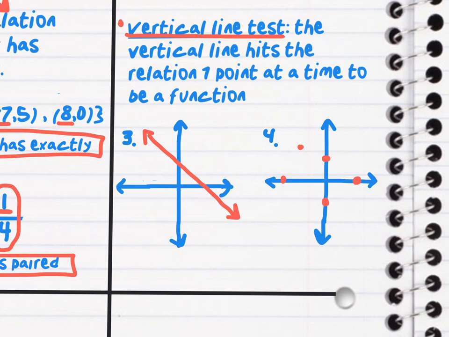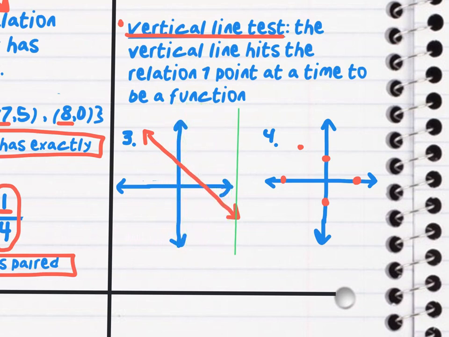All right, so for number 3, we're going to take a vertical line. I'm going to pretend, since I can't show you with my pencil, that I have a vertical line. I'll make it green right here. It has to be vertical, and I'm going to pass it across the graph.